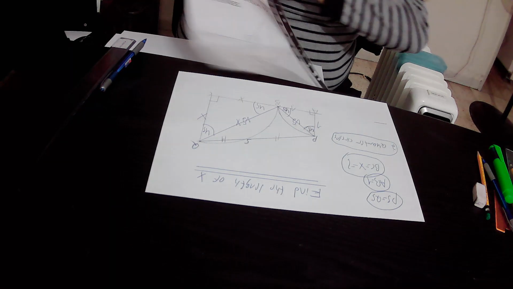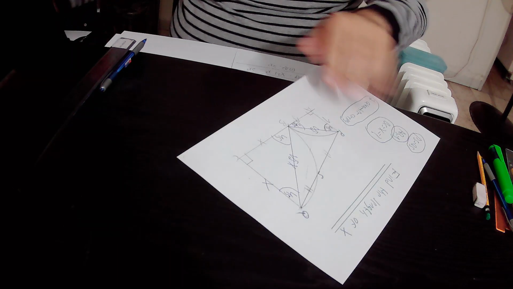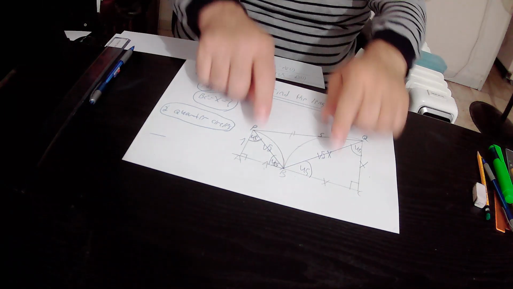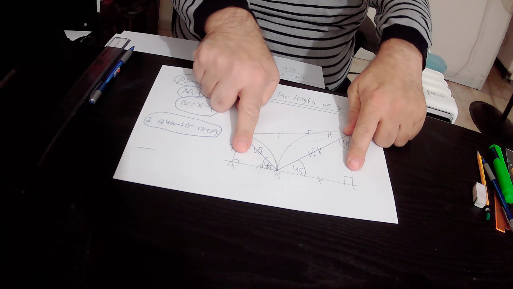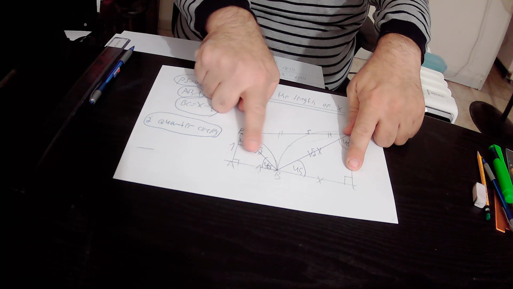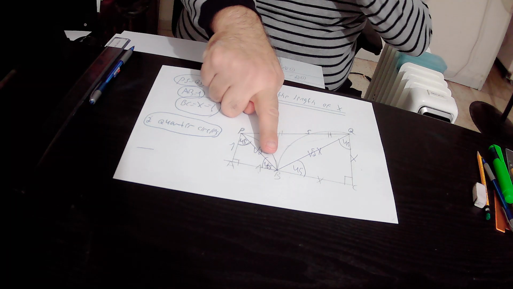We can actually implement rule number 3 in our drawing. Why? Because in our drawing, if we focus on the upper side of the straight line AC, at point B, the sum of the angles here must be equal to 180 degrees.